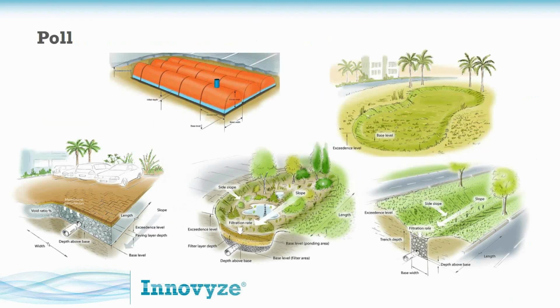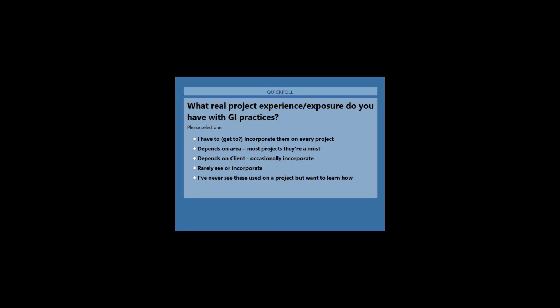All right, so now I want to get everyone's thoughts, and I'll share this. I always like to get all the audience's thoughts, or in this case, hearing what experience people have coming into this webinar. So go ahead and click one of those buttons, and basically it goes everywhere from, you have to or get to incorporate green infrastructure on all your projects.